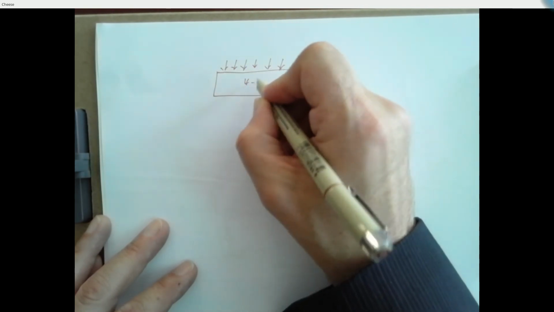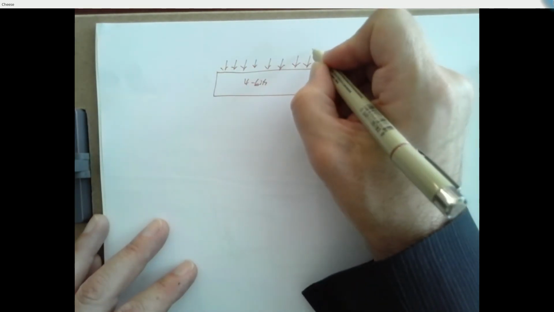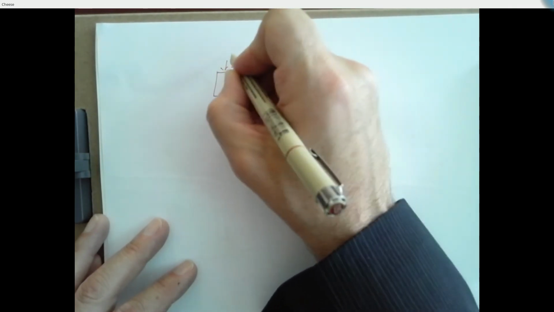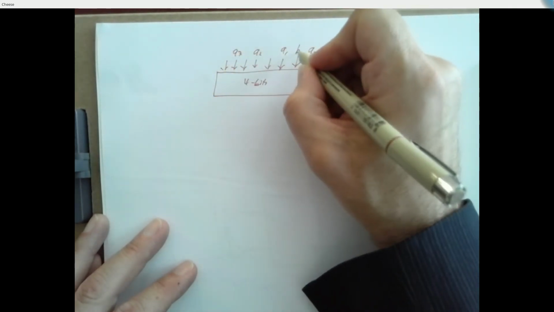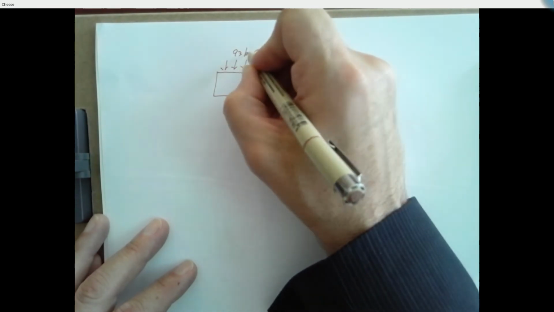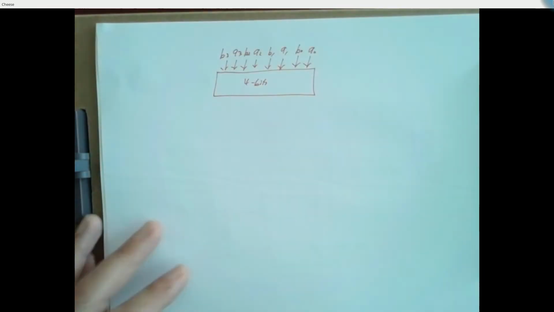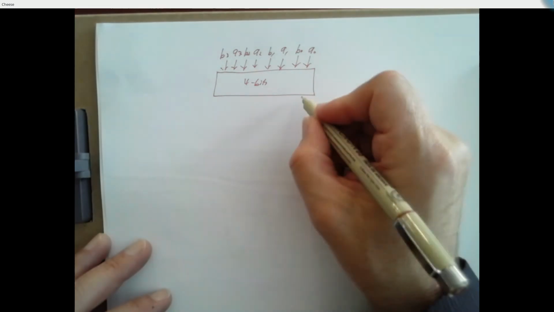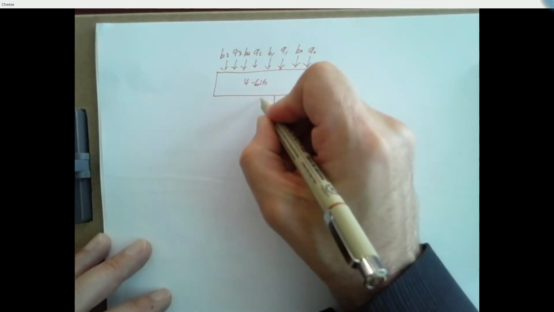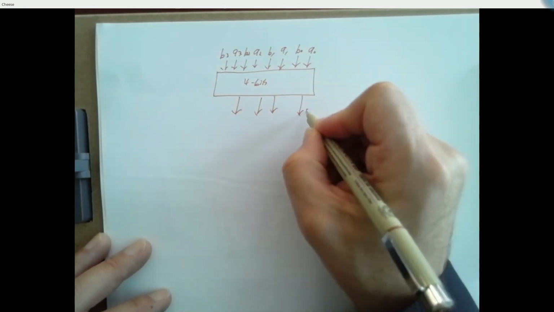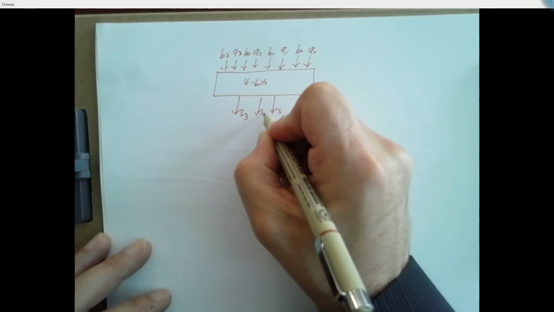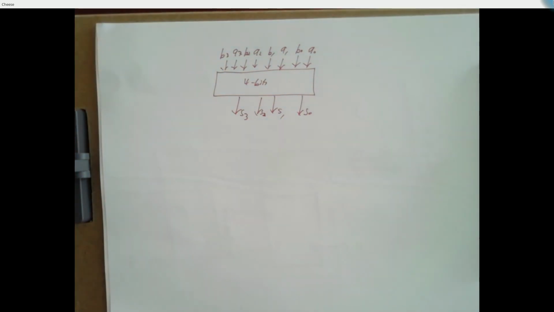Let's make it 4 bits. So it adds 2 4-bit numbers, and it gives you a sum. And I won't worry about the carry out from the end. We'll just keep everything being 4 bits.